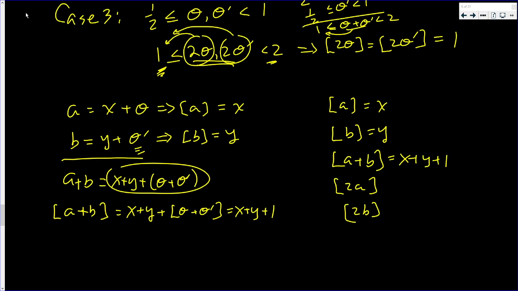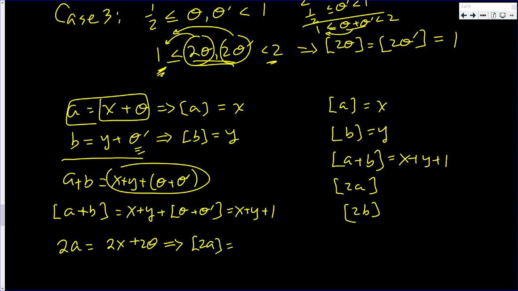Okay, 2a is equal to 2x plus 2 theta. Well, that tells me the integer part of 2a is going to equal 2x plus the integer part of 2 theta. But I've already said that that's 1.